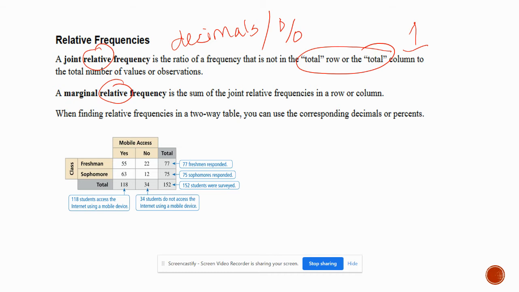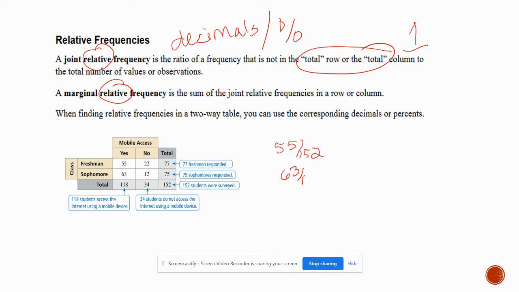So I'm going to take a look at our freshman, sophomore, total in all of these. So to find the joint and marginal relative frequencies, our freshmen, we would have 55 out of 152.